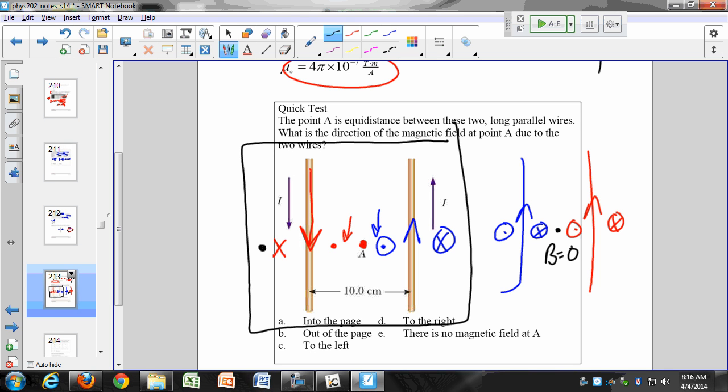But remember, you do have two vectors applied here, because I have a vector over here due to the blue wire, and then I also have the vector due to the red wire. So why don't those two magnetic field vectors cancel out? Right. The blue wire is further away, so the magnitude of that magnetic field is smaller. All right?